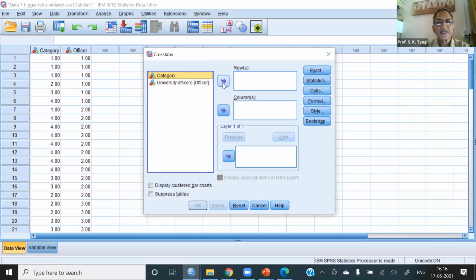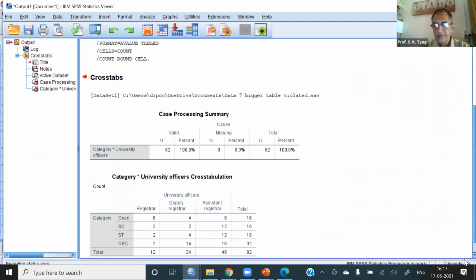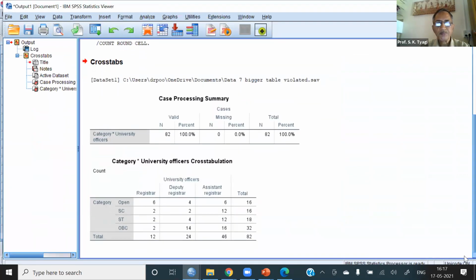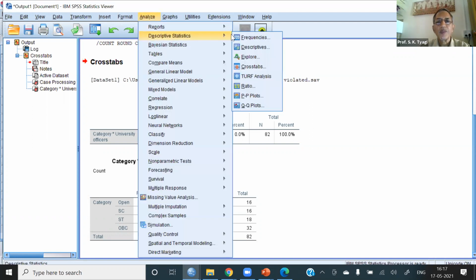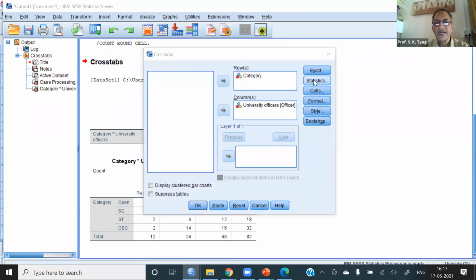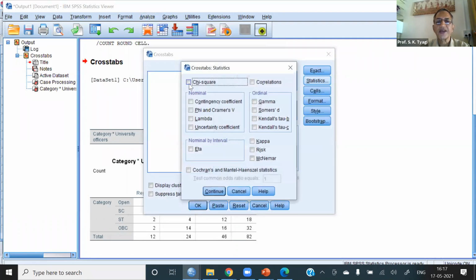Put category in the rows and officers in the columns. Okay, we did not check chi-square. In the cross tab, under Statistics, check chi-square, and then click OK.